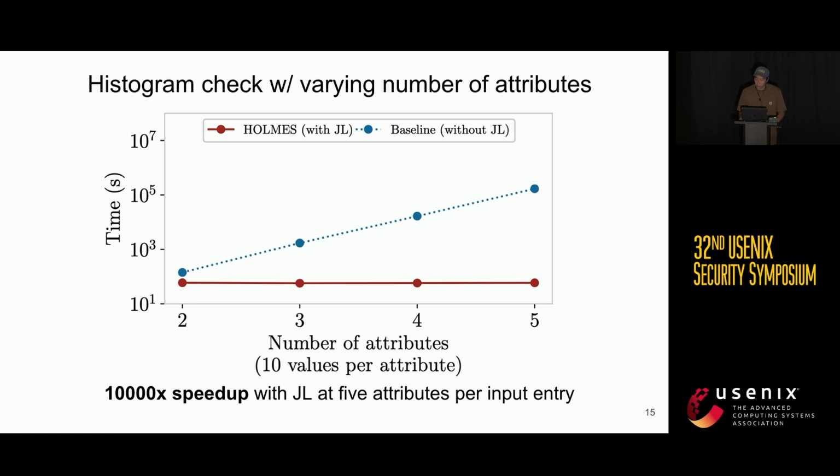Whereas in this log plot, we see that as we increase the number of attributes for the naive approach without our sketching approach, since the number of histogram bins grows exponentially with the number of attributes or the number of columns, then similarly the overhead grows exponentially. And just at 5 attributes, or 5 columns per input entry, we have a 10,000 times speed up using this sketching approach.